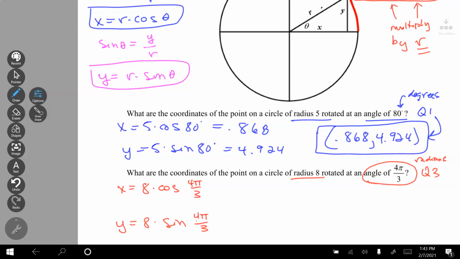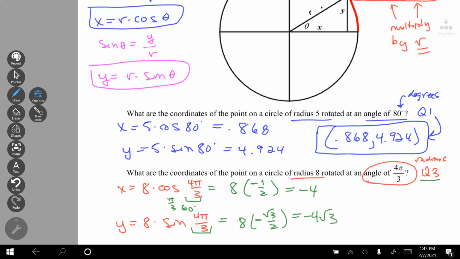Now if I think about this, 4 pi over 3, that's really just pi over 3, or 60 degrees, and cosine of 60 degrees is 1/2, but we're in quadrant 3, so that's going to be negative 1/2. So I get negative 4 as a result. So if one of them is a half, this sine value has to be radical 3 over 2 because they go together. Again, it's in quadrant 3, so it's negative. I divide by the 2. I get this as my result.